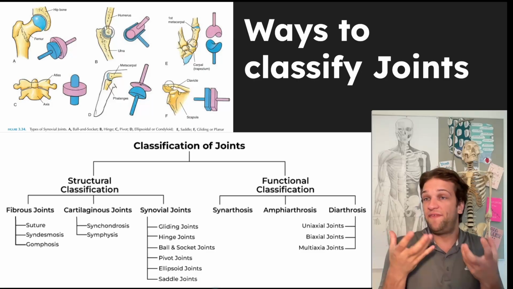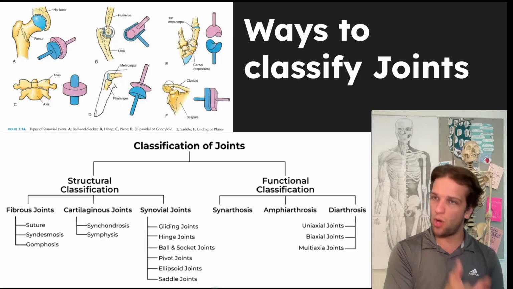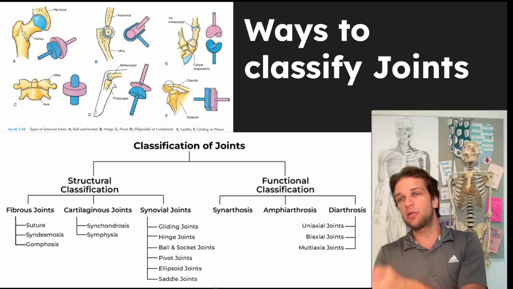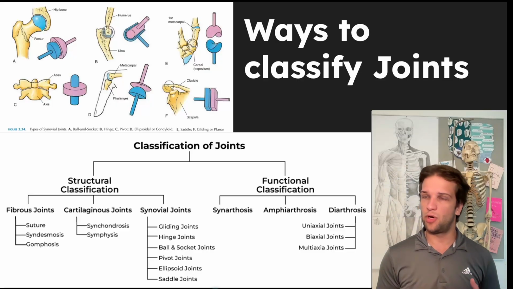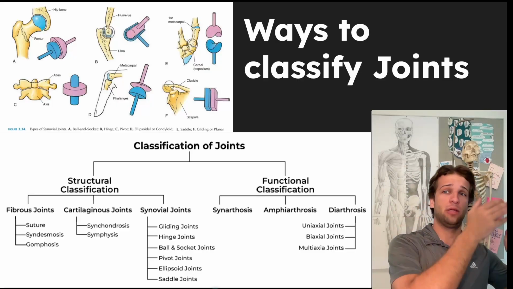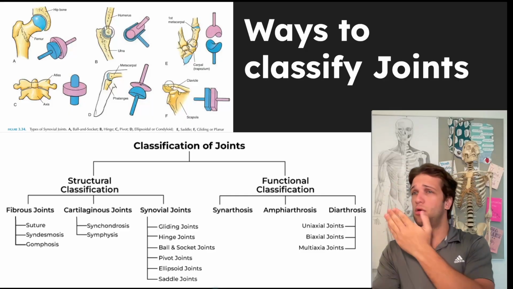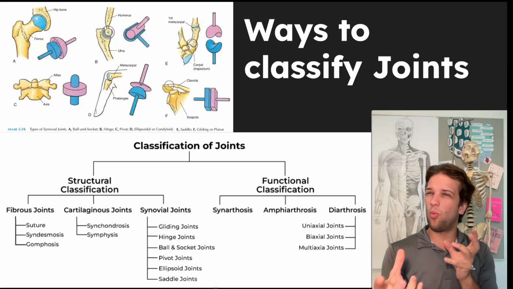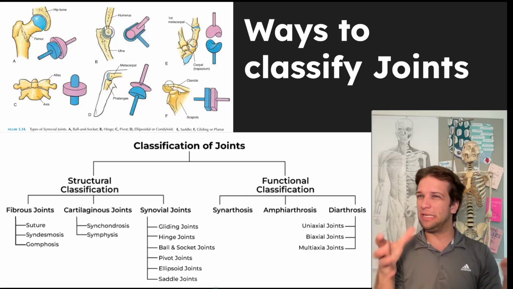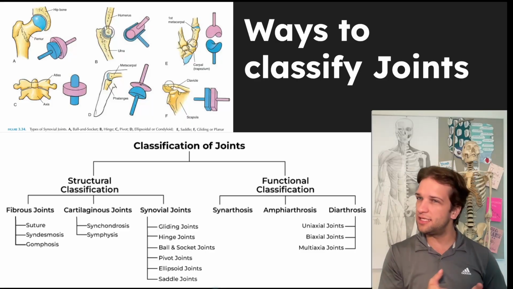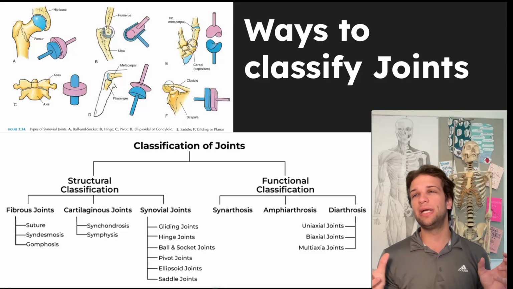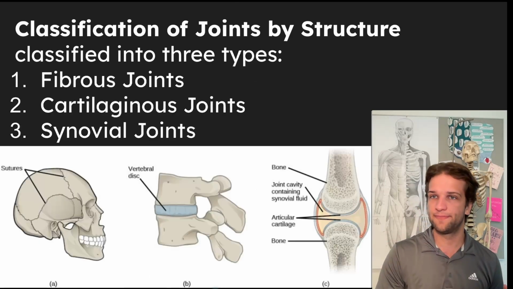So physically, what connects the two bones is one way to classify. We can also classify based on function, right? What does it do? Does it move a little bit, not at all, or a lot? And so while they'll kind of mirror each other, you'll see a lot of commonalities between the two. These are the two ways that we really classify our joints.